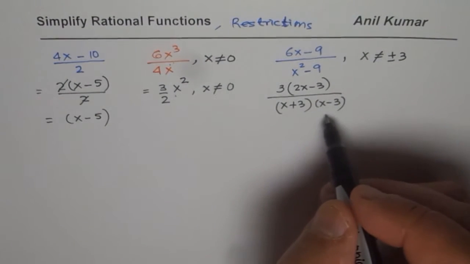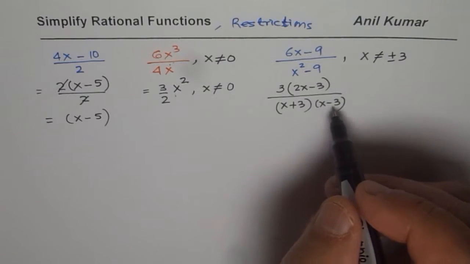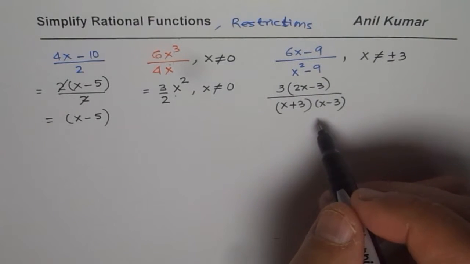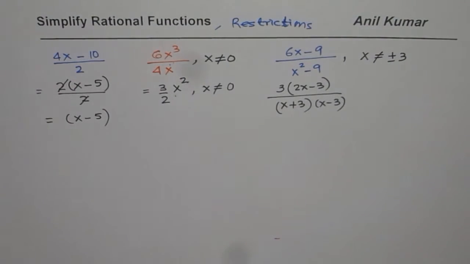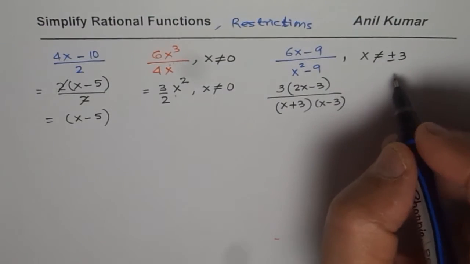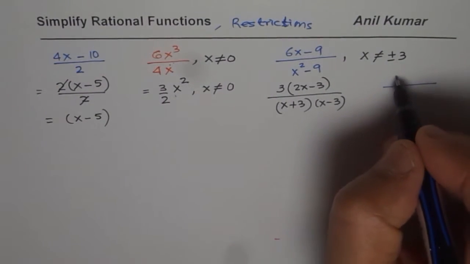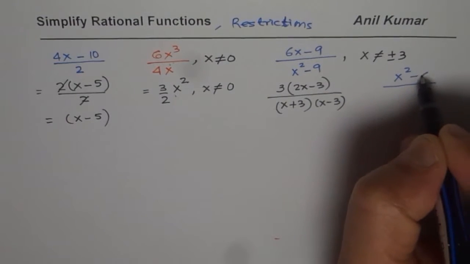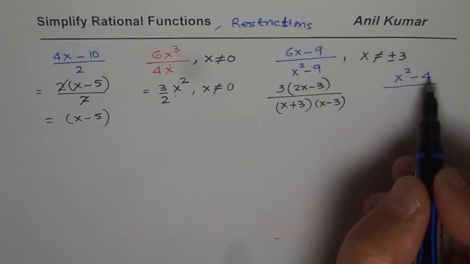Now after factoring, nothing really got cancelled, so it cannot be further simplified. But there could be occasions where this could be simplified. For example, let me take another expression here. I could take the expression as, for example, x squared minus 4 in the numerator. I know the factors are x plus 2 times x minus 2.